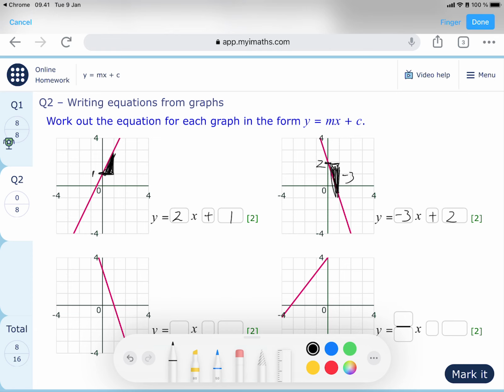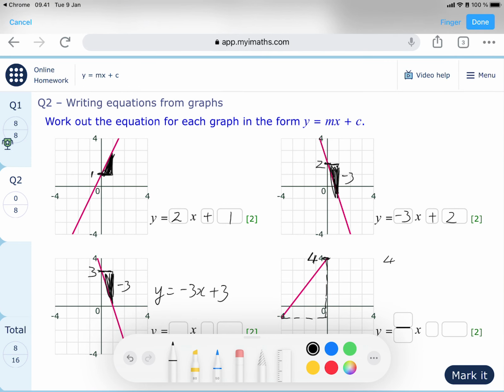The third one, it's cutting at 3, and then for every 1 across, it's going down by 3. So it's got a gradient of -3. So the equation is y equals -3x plus 3. And then the last one, it cuts at 4. And then I can see for every 1, 2, 3, 4 across it's going 1, 2, 3, 4, 5 up.